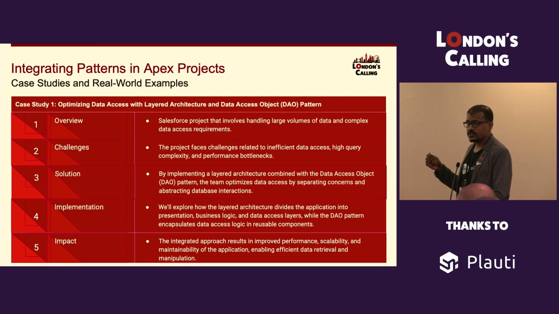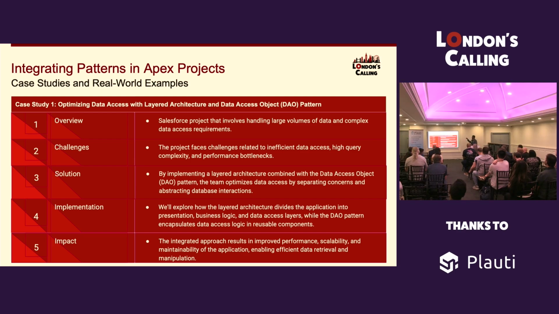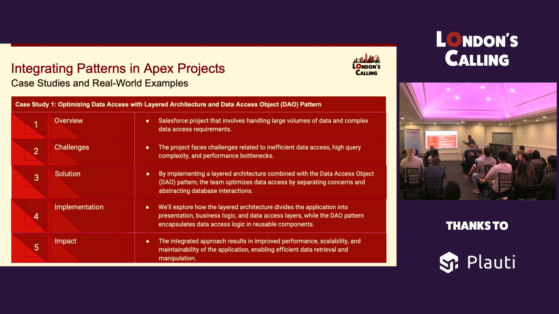So then what is the solution? I'm explaining these case studies so you can go back home, look at these areas, and think about them. In this particular project, the solution is to implement the layered architecture combined with the data access object pattern. Then the team can optimize the data access by separating concerns as well as abstracting the database interaction.